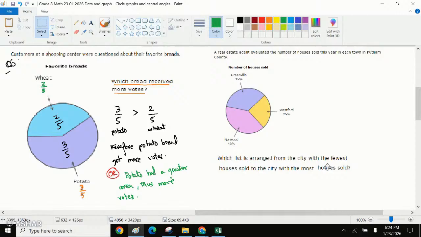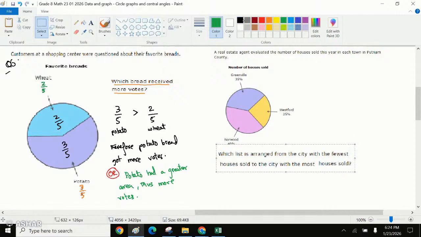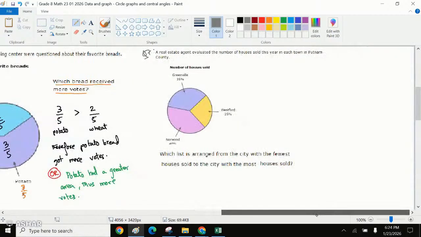For this question, it said that a real estate agent evaluated the number of houses sold this year in each town in a county, right? So in Greenville, I'll just highlight this, 35%. Narrowwood is 40%, and Westford is 25%.